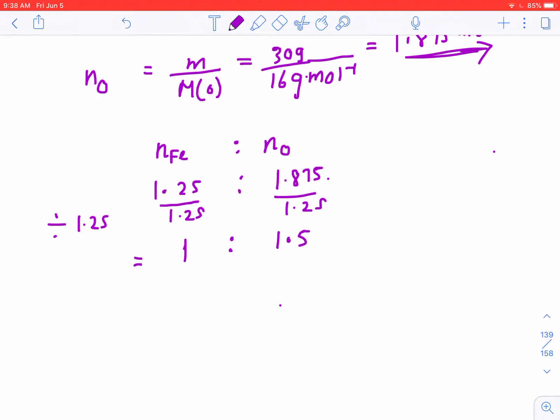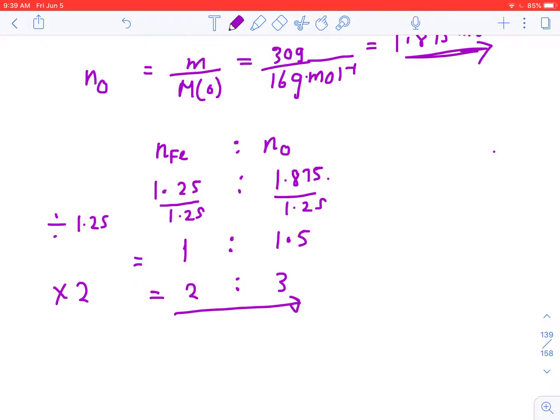But that is not the simplest whole number ratio. So we multiply throughout by 2, and that gives us 2 is to 3. There's the simplest whole number ratio.